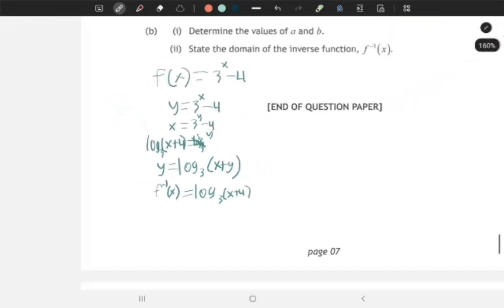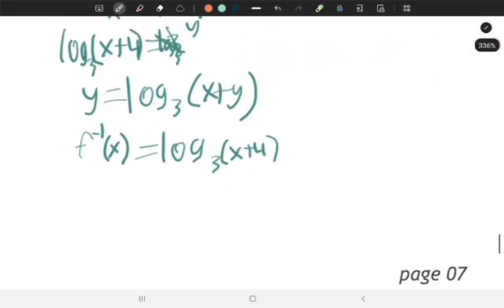Therefore, we get that a is equal to 3 and p is equal to 4.